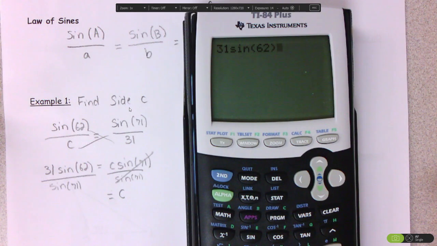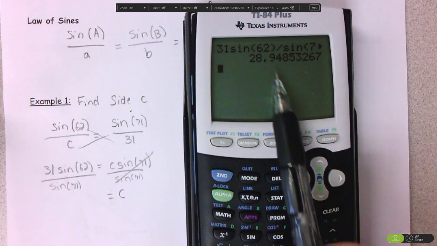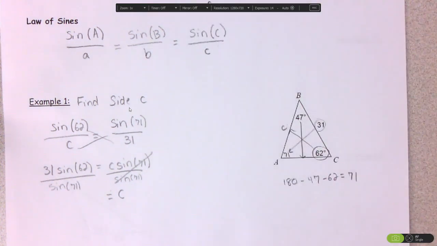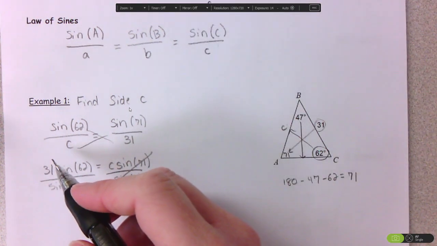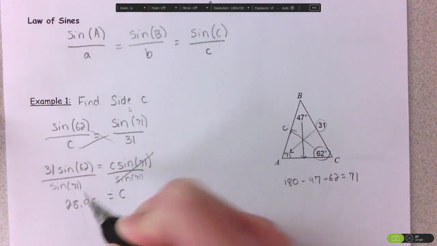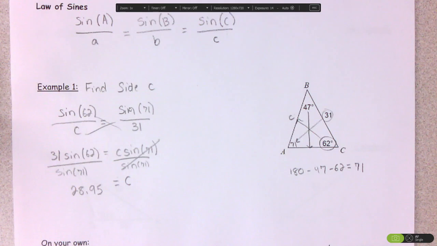And then divided by sine of 71. Enter. And we get 28.94. This 8 moves that 4 up to a 5. So 28.95. Okay, and we're done.